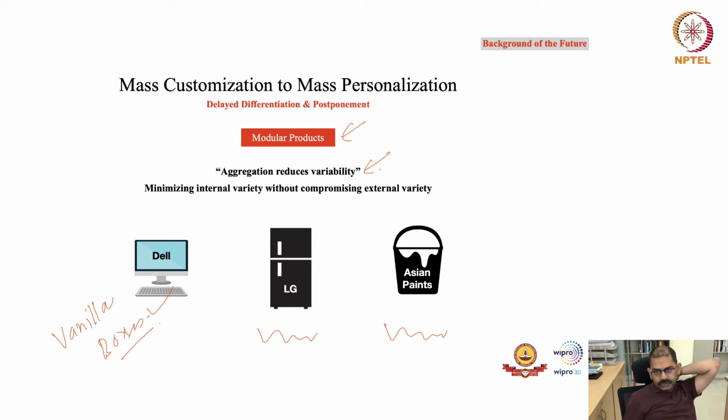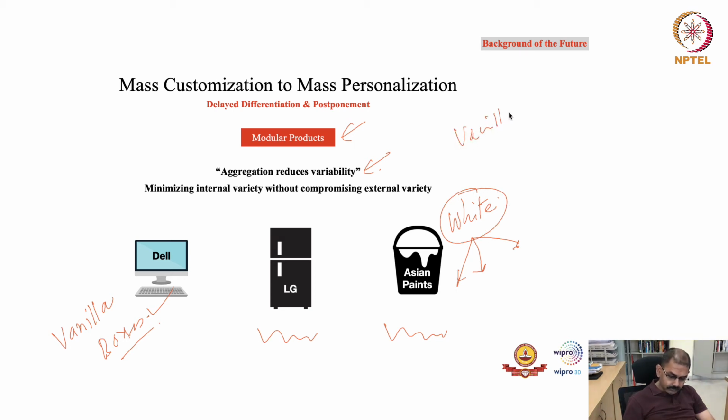I'm putting Asian Paints, but I think it may be true for other paint manufacturers also, where you keep only the white as a stock, right? And this converts to different colors based on the customer. You can even go to a paint shop and see that, right? What you keep is only the white color. Even vanilla ice cream could be the most common example. You keep only vanilla in stock and all the customization happens.